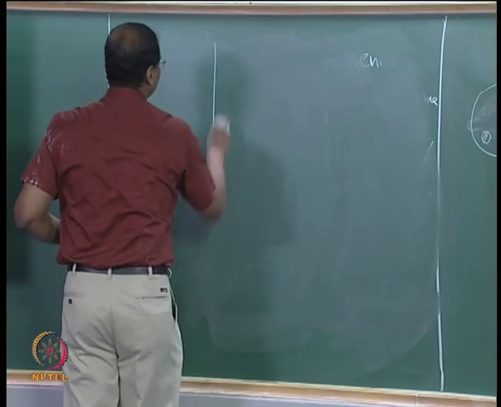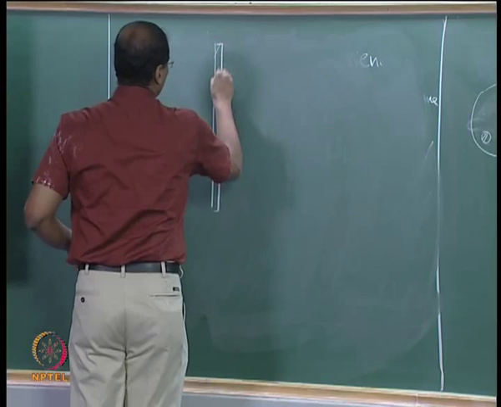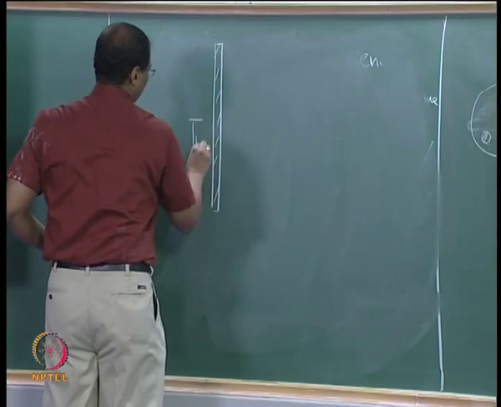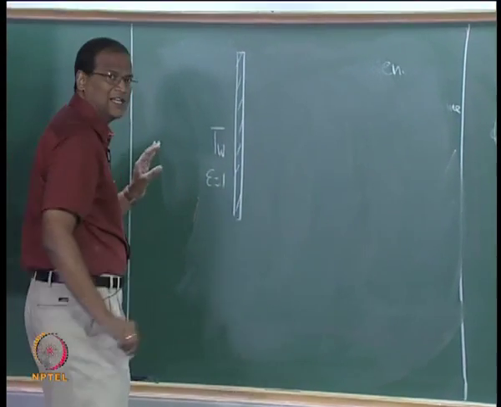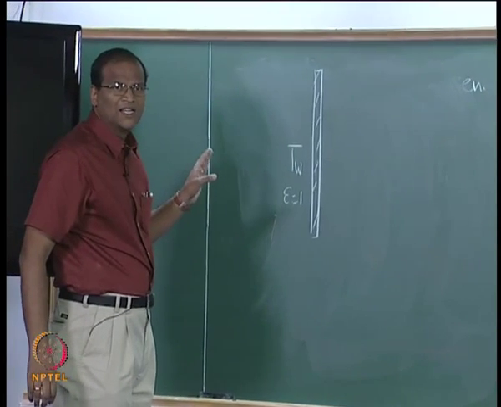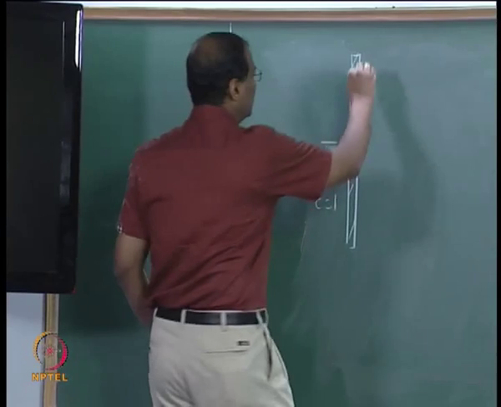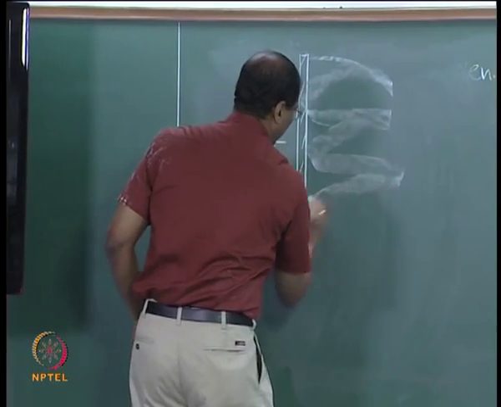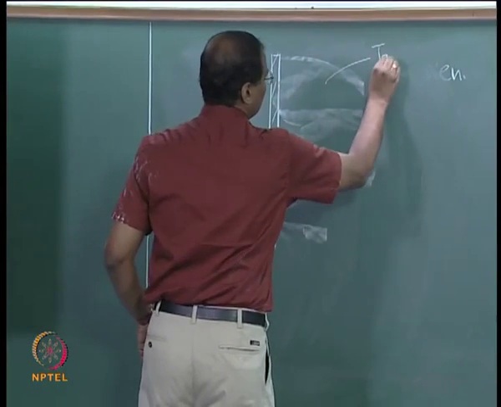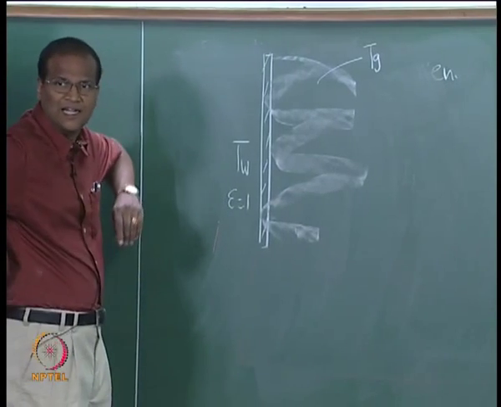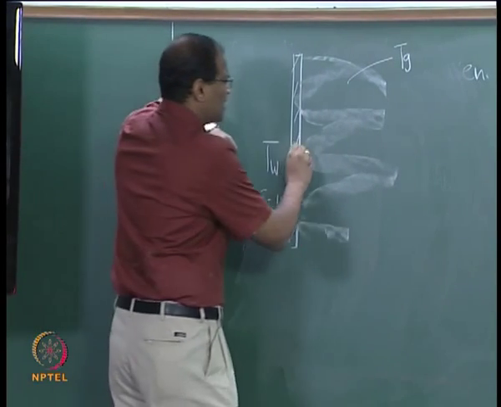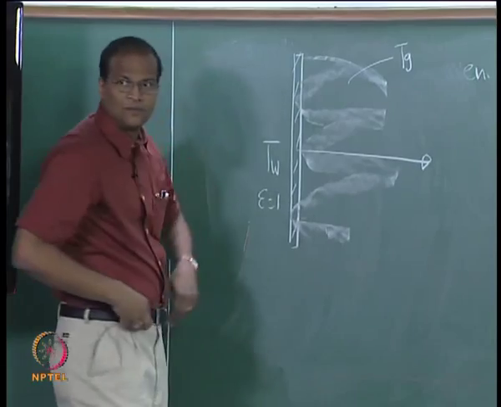Let us consider a wall which is black, at a temperature Tw, surrounded by this gas at Tg. This radiation is coming out of the wall.